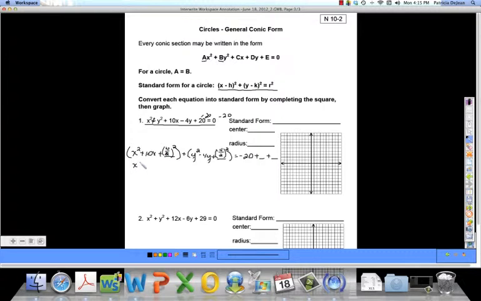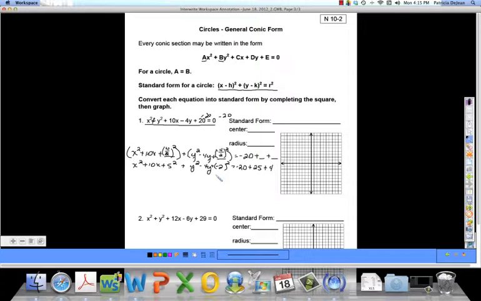So we have x squared plus 10x plus 5 squared plus y squared minus 4y minus 2, or plus a negative 2 if you want to do it that way, squared, is equal to negative 20 plus 25, because 5 squared is 25, and then plus 4, because negative 2 times negative 2 is 4.